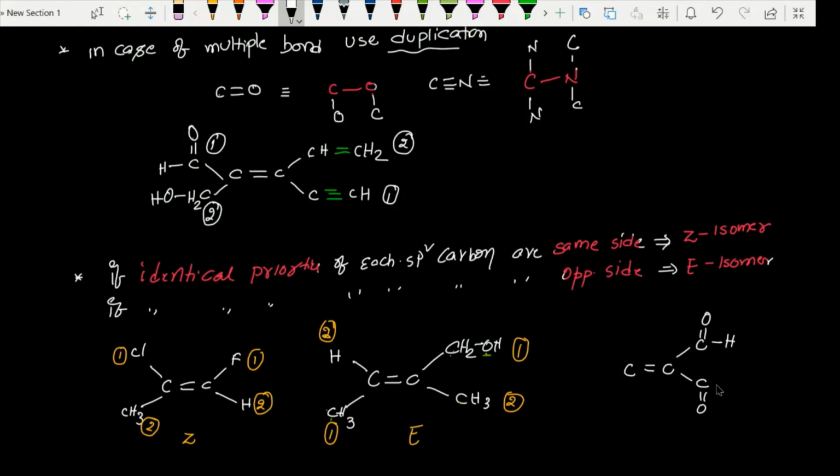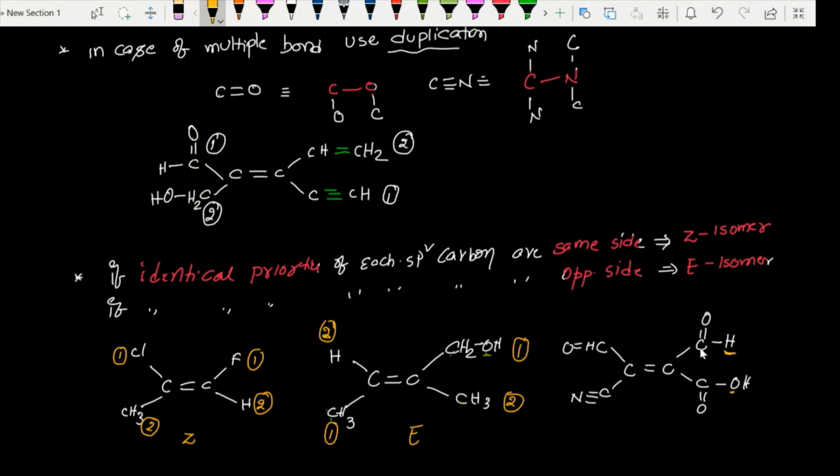One more example we can take: C double bond C, with C double bond OH, and C double bond OH, CH double bond O, and C triple bond N. If you consider this, the priorities can be given like this. Here this carbon is connected, here carbon is connected. This is double bond O, this is double bond O. But here it is connected to hydrogen, this is connected to oxygen.